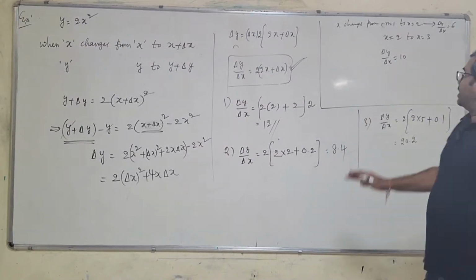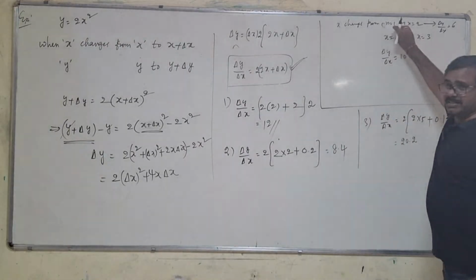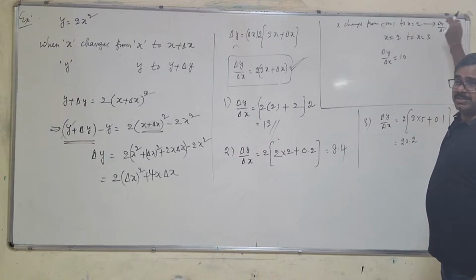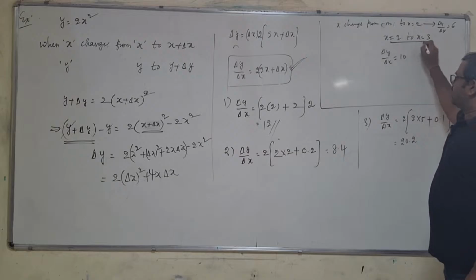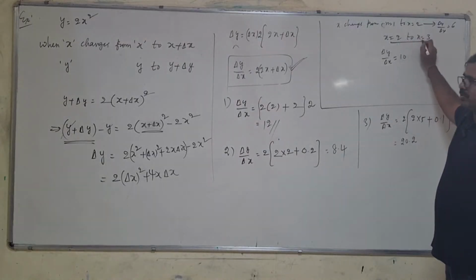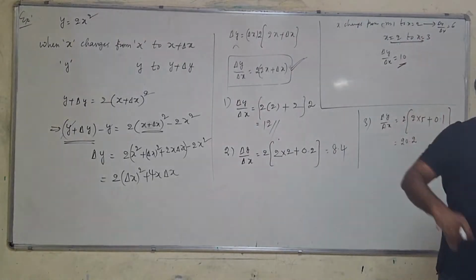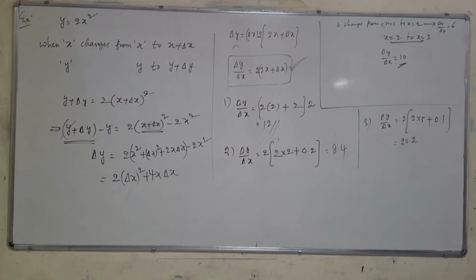So it means when x changes by 1 unit in this interval, y changes by 6 units. But in the second interval, when x changes by 1 unit, y changes by how much? 10 units. You understand what I'm saying? It is like buying the first pencil for 6 rupees, the second pencil for 10 rupees, the third pencil for a different amount.